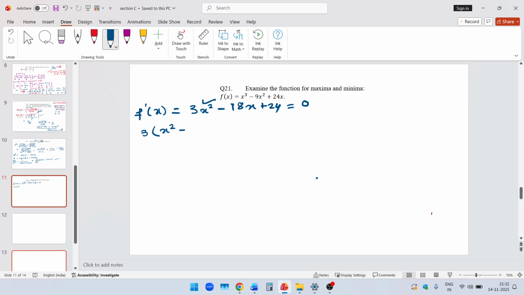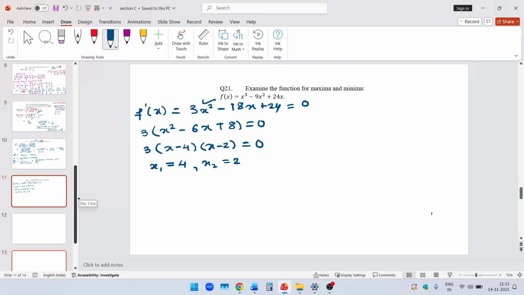I'll get x square minus 6x plus 8 is equal to 0. Alright, now this is a quadratic equation, and you can find the roots as x minus 4 and x minus 2. Okay, so this gives me two values of x. Let us take x1 as 4 and x2 will be equal to 2. These are the two values of x.